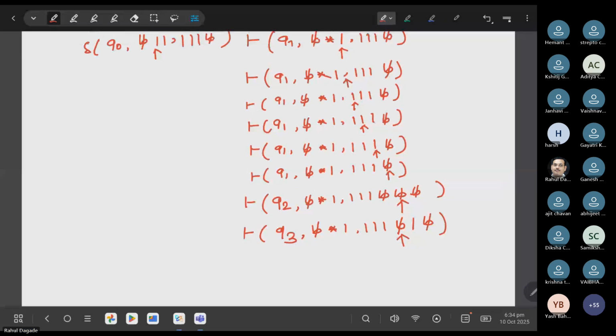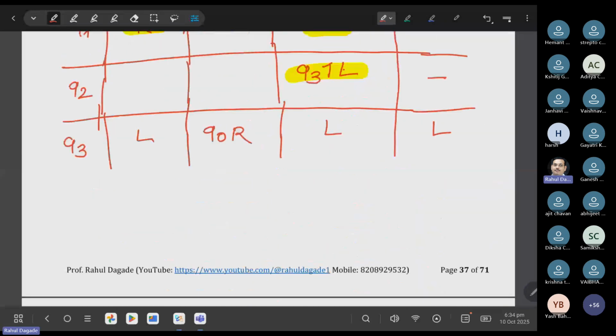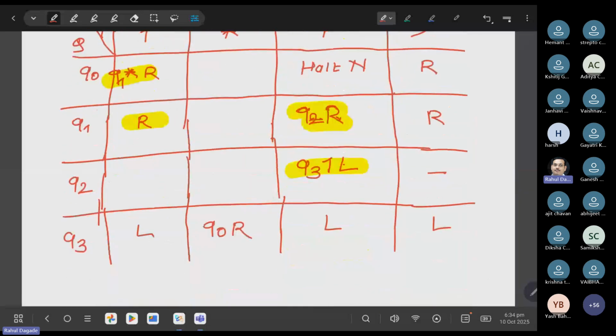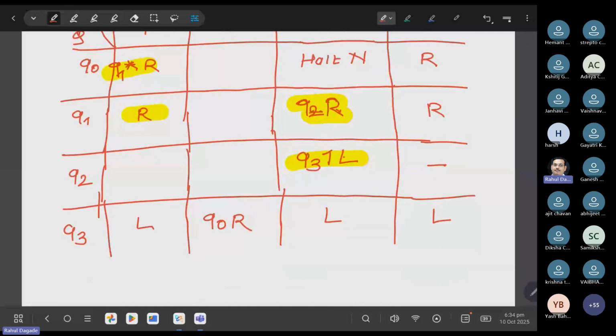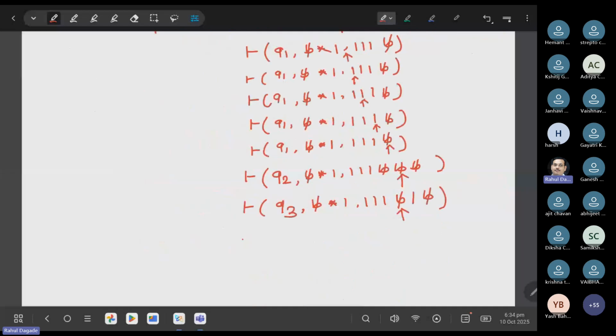Q3 state on blank keeps moving left and remains in the same state.